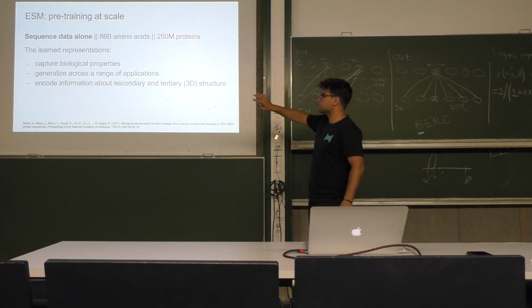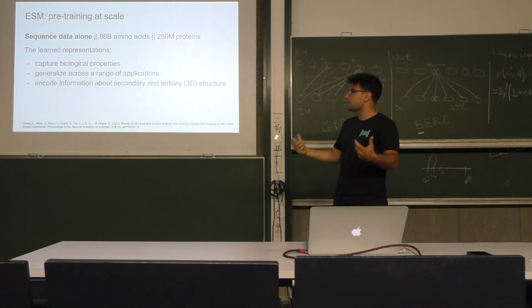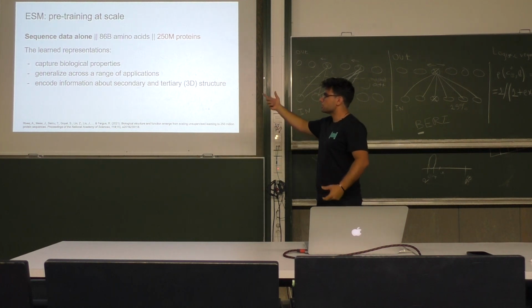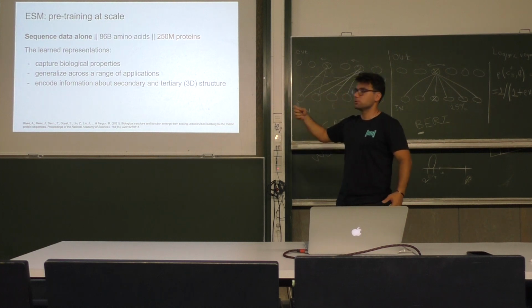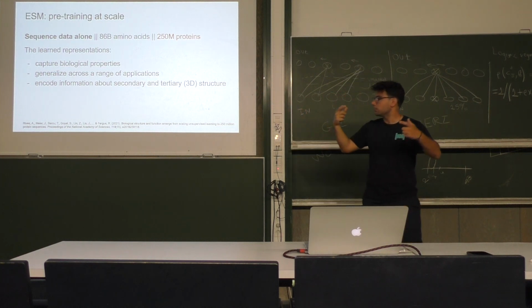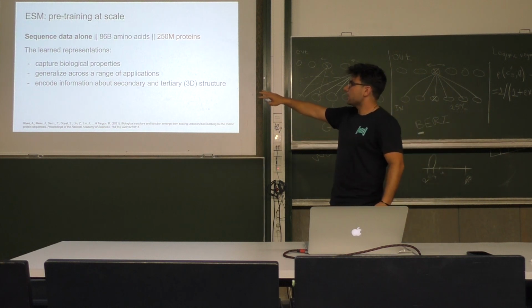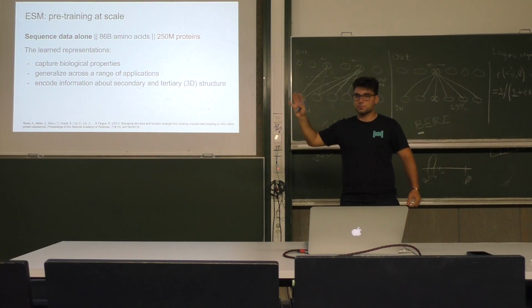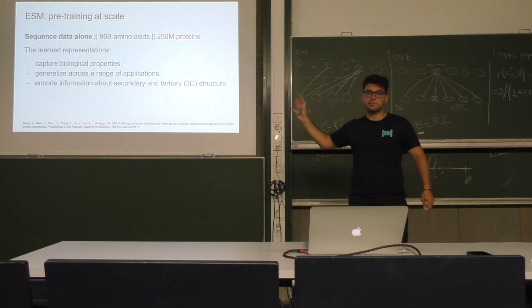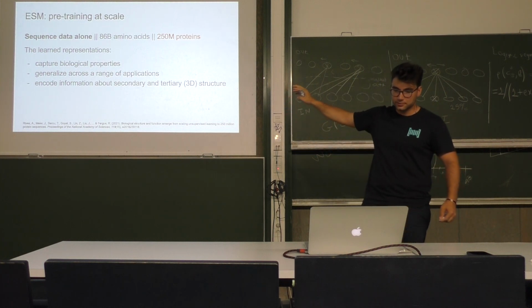But in any case, we see even from the first large-scale model that some really desirable properties emerge. So the model is able to capture, based on the output representation, some biological properties that are what we care about, and generalize across a wide range of downstream tasks. I will not cover it because it gets too application specific.